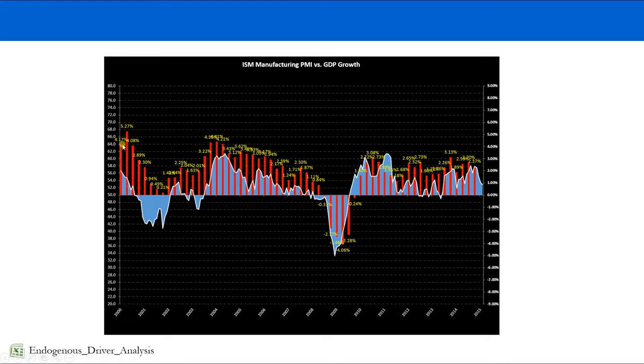And the columns is real GDP growth on a quarterly basis. So a quarterly annualized number. And you can see the direction for the vast majority of quarters, the direction of the ISM really does predict, in the vast majority of cases, the direction and level of GDP growth.